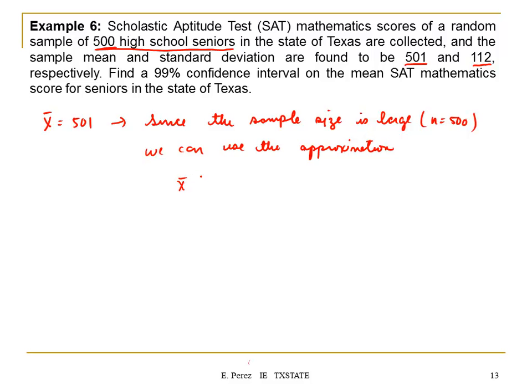And the approximation is X bar plus minus the value for alpha half of the standard normal times S divided by the square root of n.